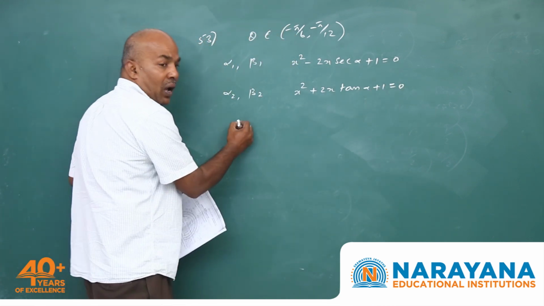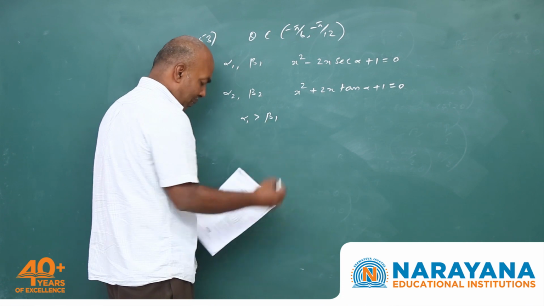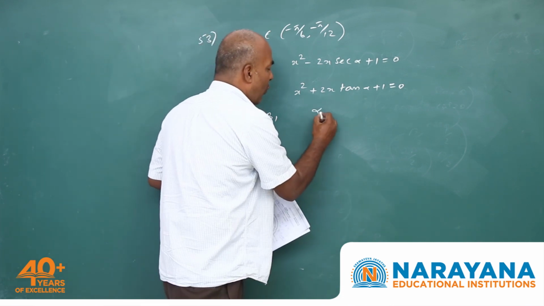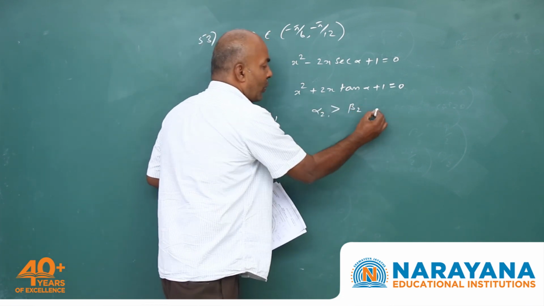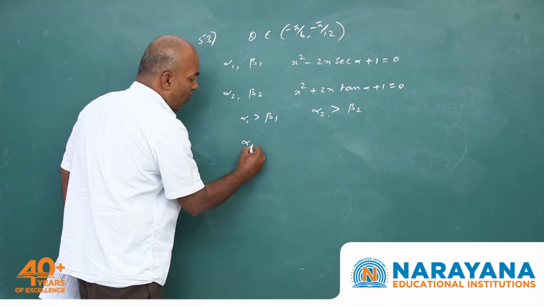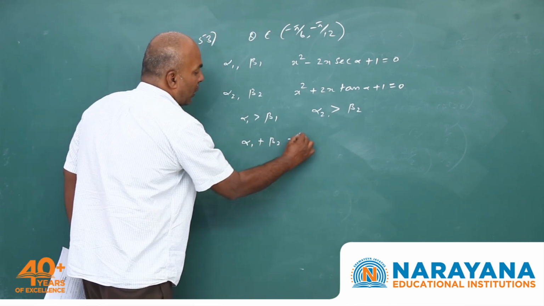And given that alpha 1 greater than beta 1 and also given that alpha 2 greater than beta 2. And we need to find out the value of alpha 1 plus beta 2.